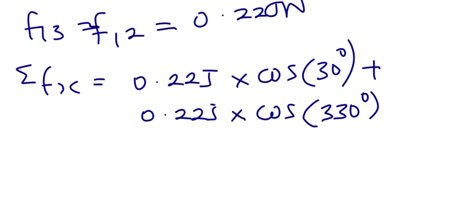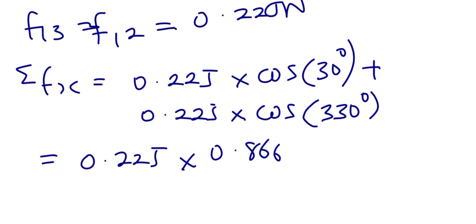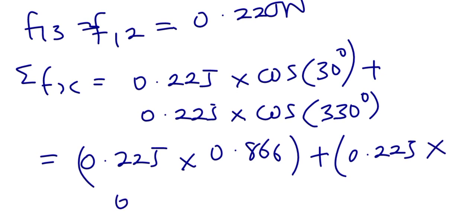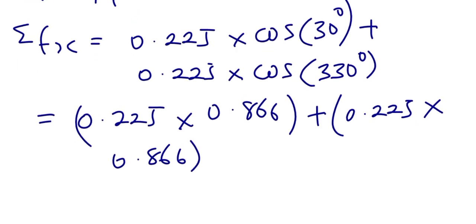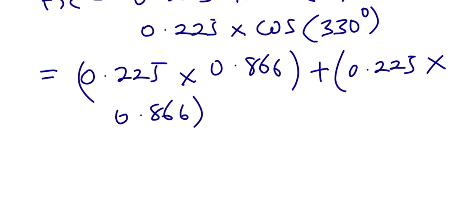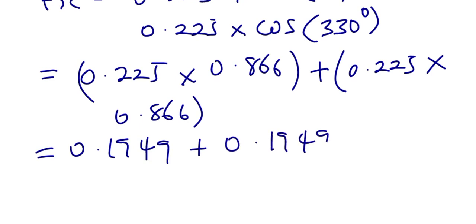This results in 0.225 times 0.866 plus 0.225 times 0.866, which equals 0.1949 plus 0.1949.